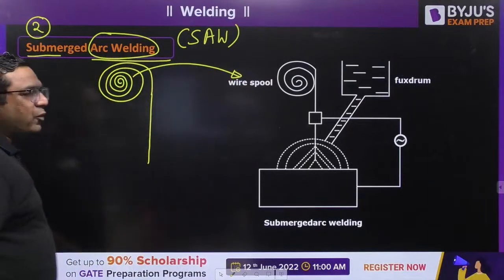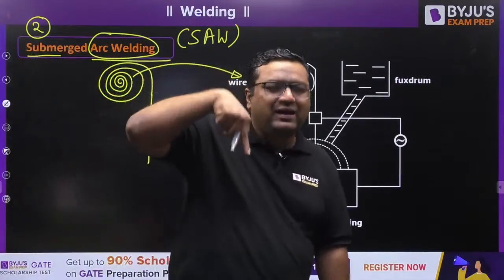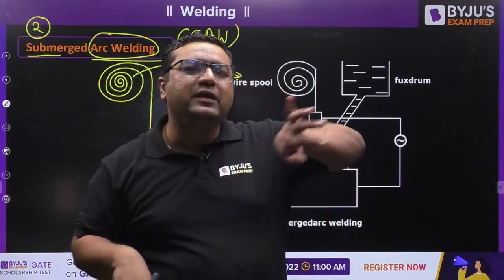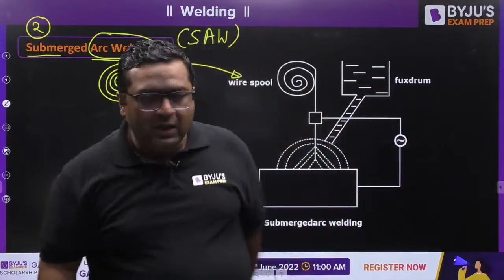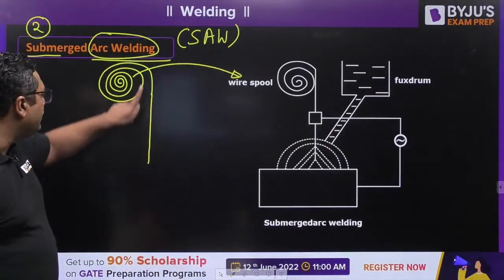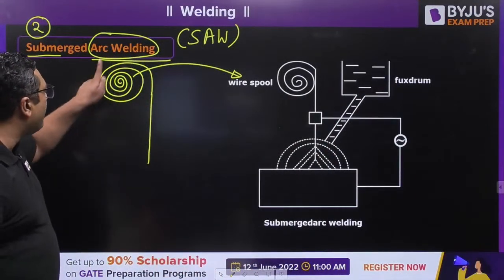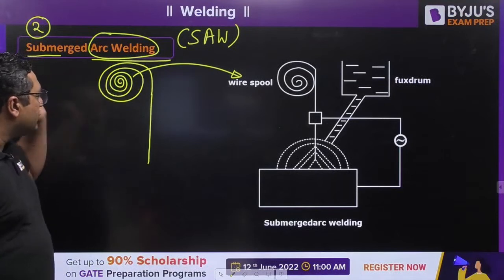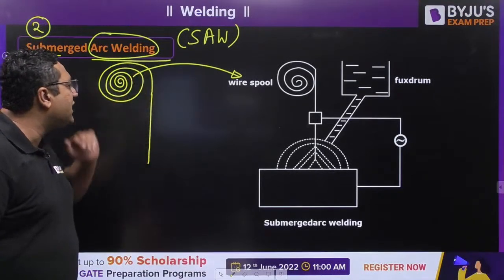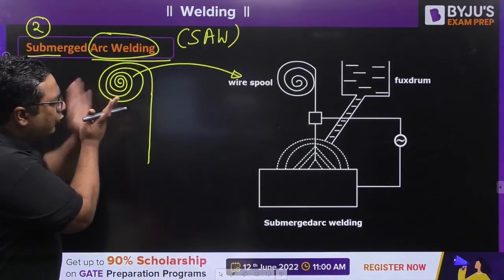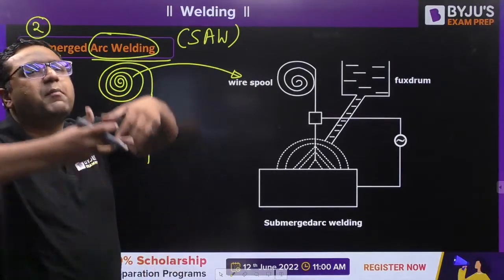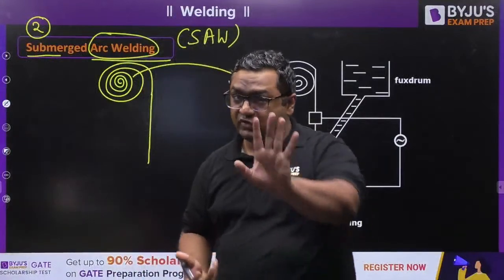So my dear, to provide continuous welding, we are removing the electrodes and providing an electrode wire. Now this wire is going to be wound over the wire spool. If flux were present on the wire, then because of relative motion on the wire spool, the flux would come out from the electrode, which we never want.